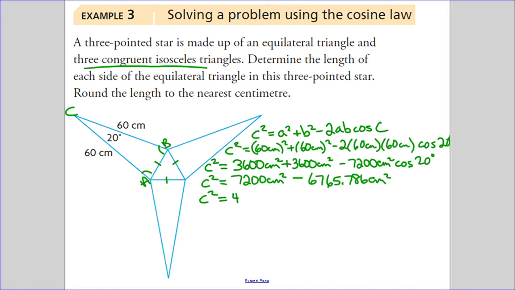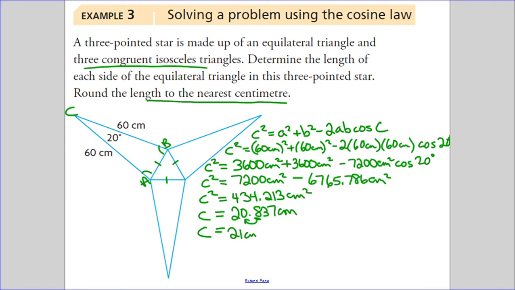And we get 434.213 square centimeters, which means that when I take the square root of that, c is going to equal 20.837 centimeters. And then after that, round the length to the nearest centimeter, which just means that this is going to go to 21 centimeters. So it'll round up. And so the side length of the equilateral triangle, all three side lengths work out to be 21 centimeters.